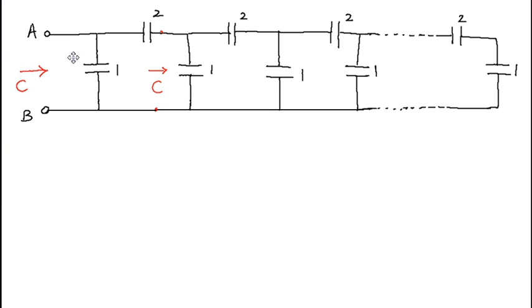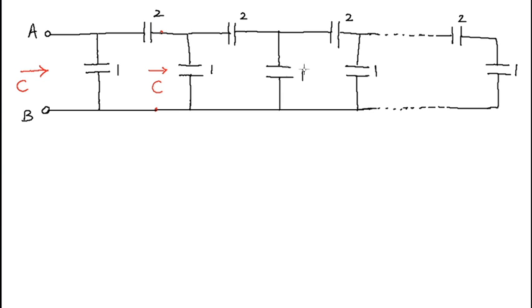So this is our original circuit, and if you look at it carefully, we realize that there is a capacitance C, which is the effective capacitance looking through terminals A and B, and there is a 1 microfarad capacitor over here and a 2 microfarad capacitor over here, followed by the same capacitance C over here looking through these two terminals.